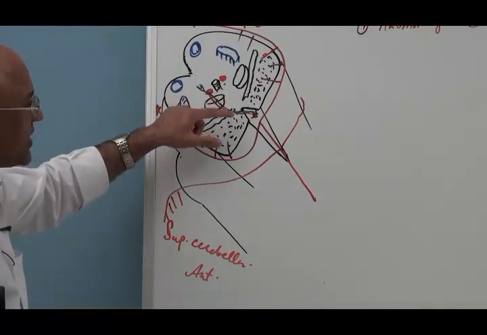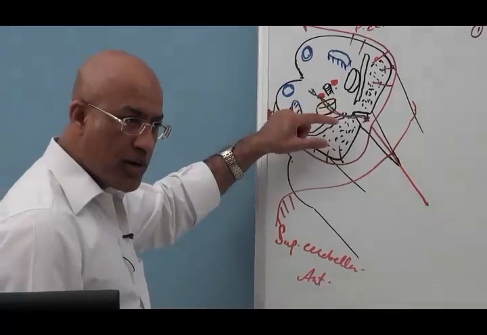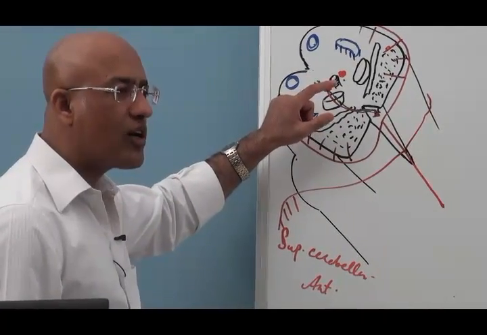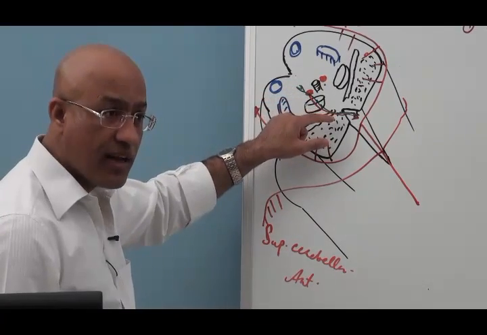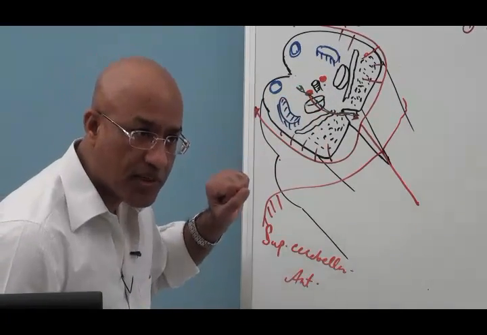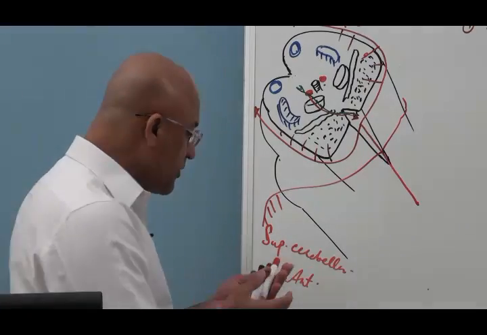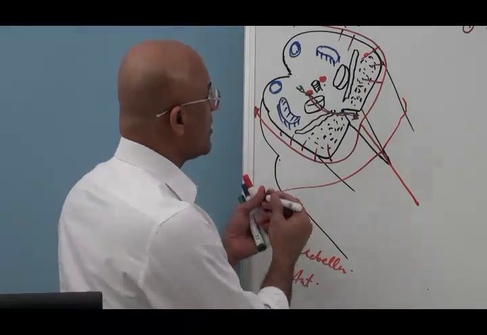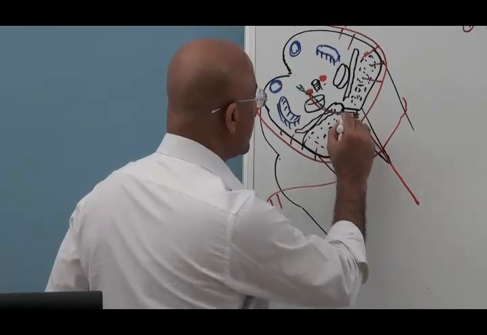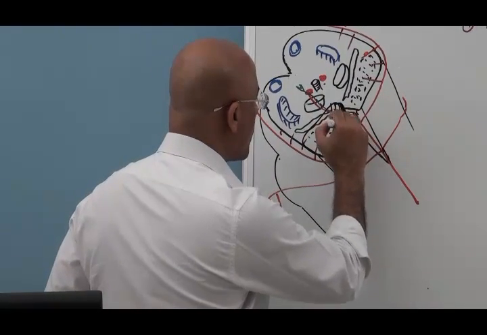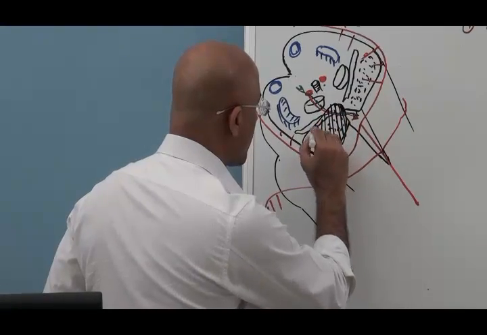Actually, when damage occurs to the midbrain, of course, it is not necessary that damage will be limited only to the third cranial nerve. Some other structure may also be damaged. For example, let's suppose this area is infarcted, right?